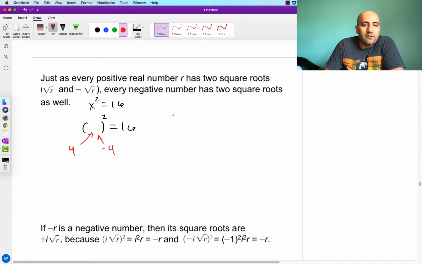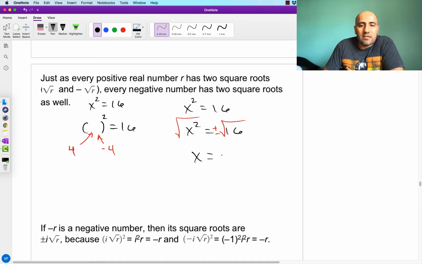When we solved it, right, if we had x squared equals 16, and then we took the square root of both sides, we have to introduce the plus or the minus. And so we end up with x equals plus or minus root 16.